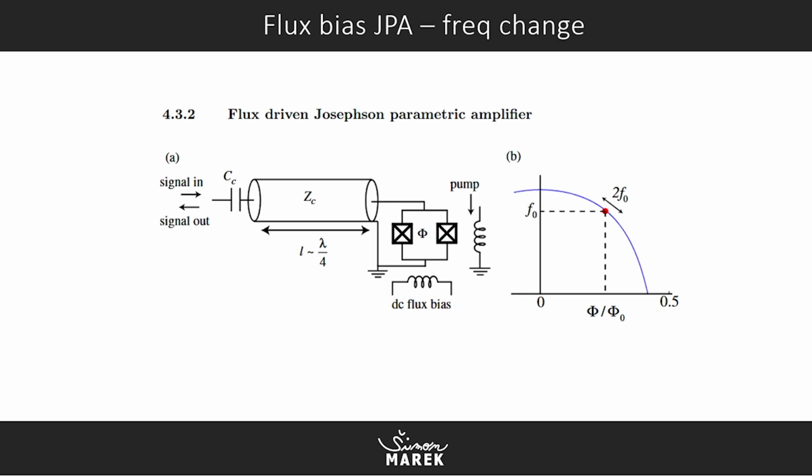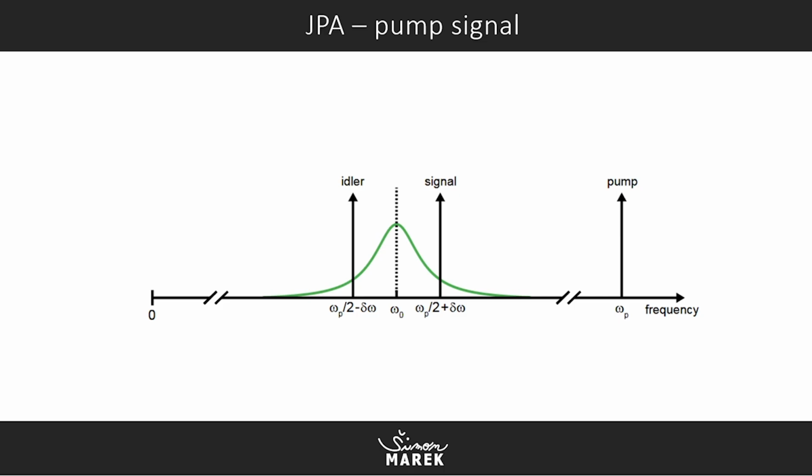parametric amplifier. So there are different types of signals we will have in our amplifiers. There is the idler signal, and the main signal, and the pump signal, which is typically higher, and there should be our resonant frequency, if I'm right.